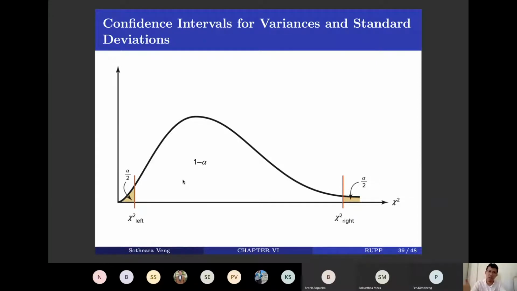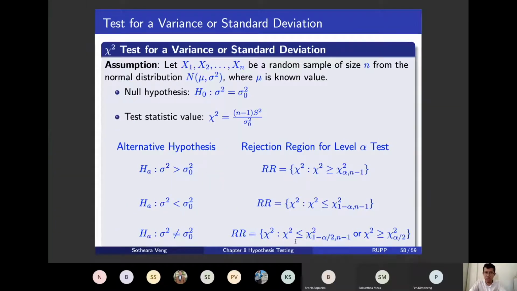This white area is 1 minus alpha, but when you add this more, you get 1 minus alpha over 2. That's why it is chi-square 1 minus alpha over 2, with the same degree of freedom.